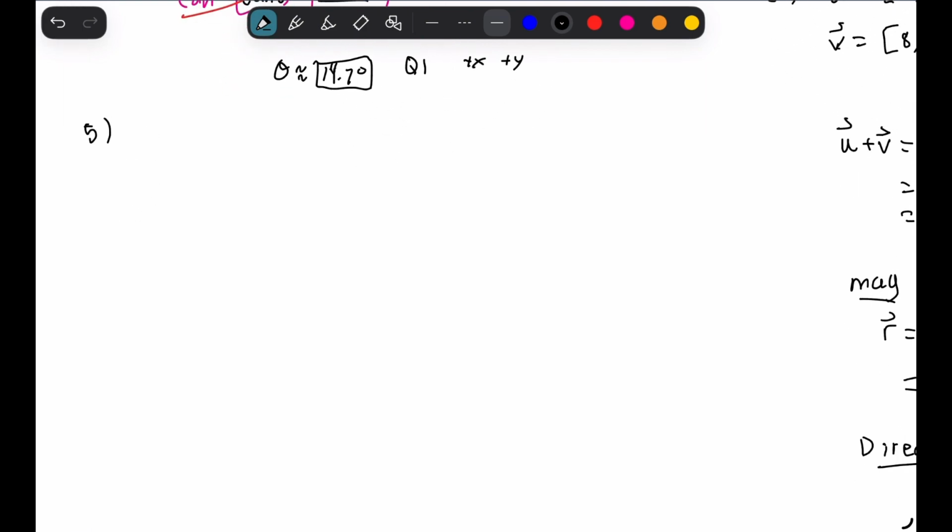Let's say we have a vector w with a magnitude of 150 degrees and a vector x with a magnitude of 2.5, direction 330 degrees. And we want to find what that sum is. So we're going to convert these into component form.